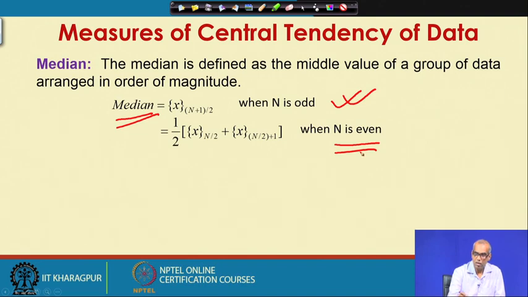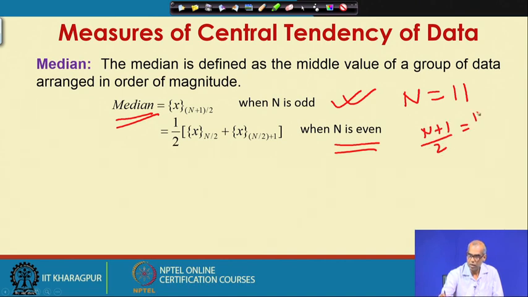When n is 11, the median is (n plus 1) by 2, that means (11 plus 1) by 2, that is the sixth data, 6 from the top, as they are all arranged in order of magnitude. N is odd, so you get the sixth one.